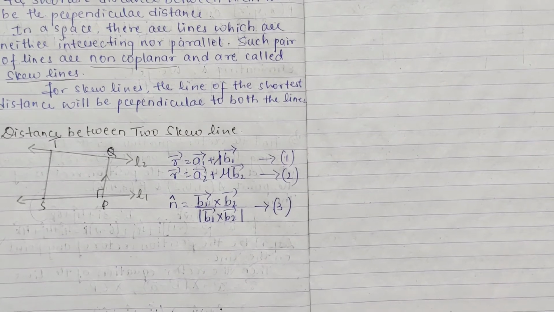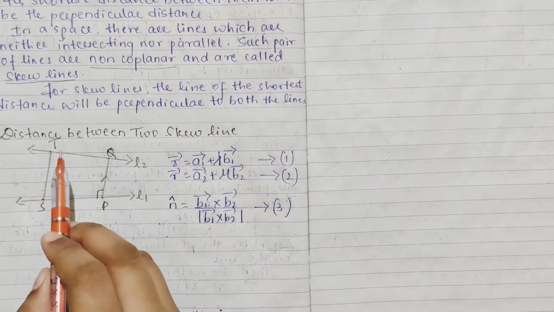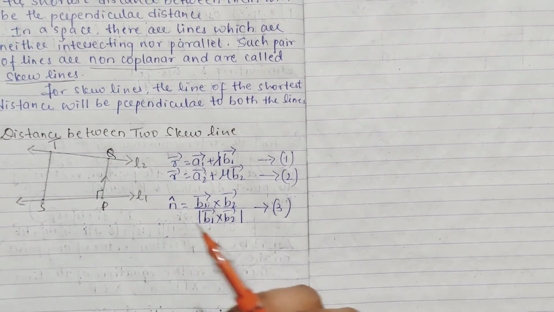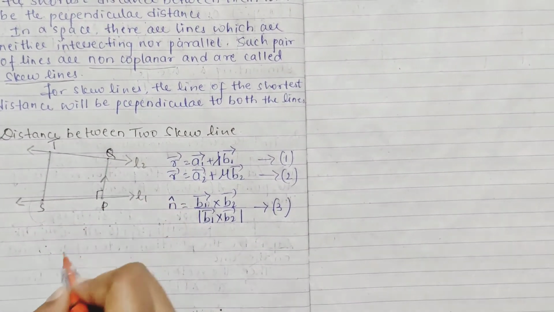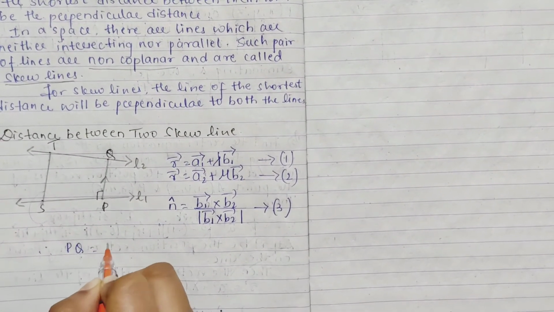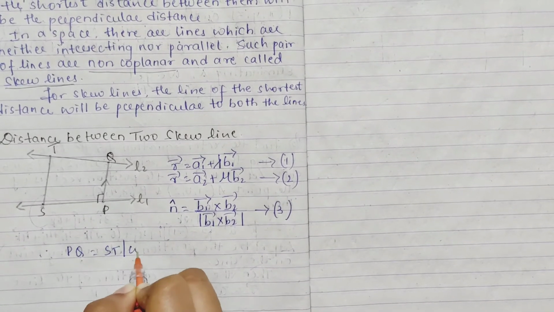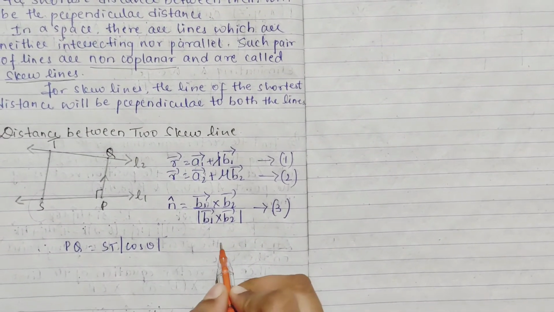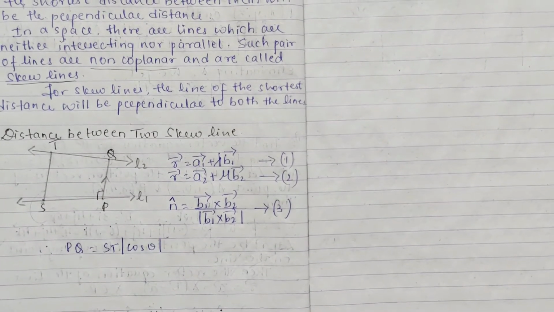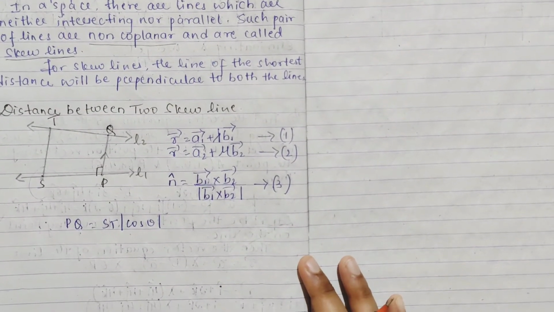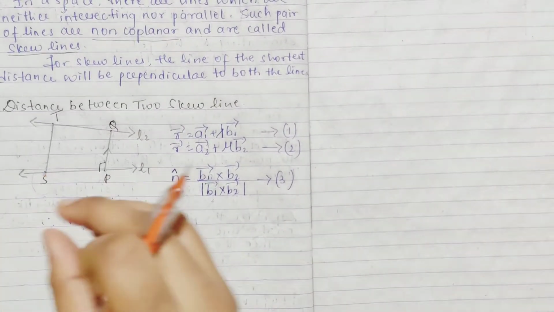Directly you can write this, the angle between these 2 lines, you can take it as theta, and you can write it how, therefore PQ is equal to modulus ST cos theta. This is from your angle between 2 lines, the topic which they have reduced, that is all interlinked.